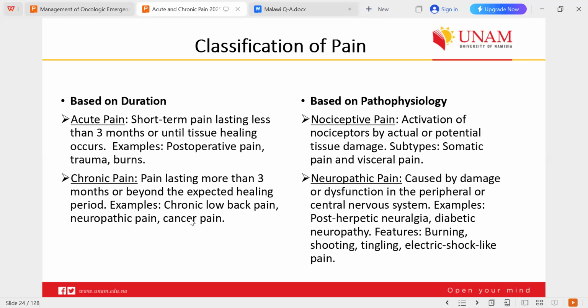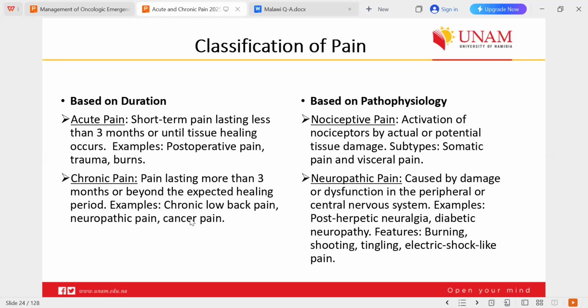It's important to distinguish between these two because nociceptive pain is activated by nociceptors as a result of actual or potential tissue damage. And we have two subtypes of nociceptive pain, the somatic and the visceral pain.